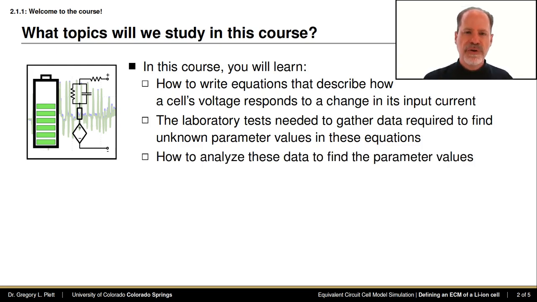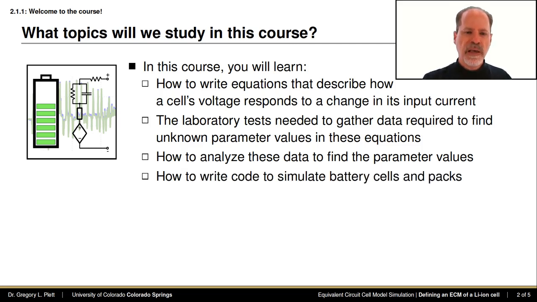You will learn how to analyze these data that you have collected in the laboratory to compute the values of these parameters. And you will learn how to write computer code that will simulate the battery cells in operation and even battery packs in operation where the pack comprises many cells wired possibly in parallel or in series.